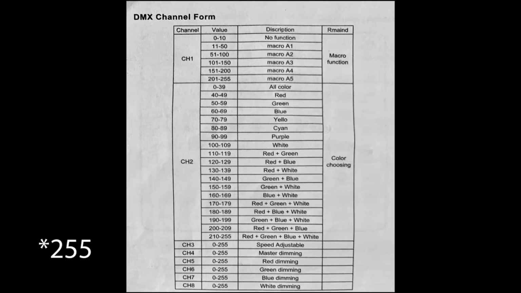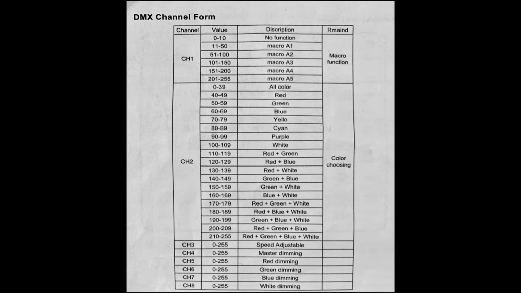So I'm just going to set channel 2 all the way up to 225. Now channel 3, as you can see for this light, is dedicated to functions that need speed adjustments, like strobing, for example. I just want to be able to dim between red, green, blue, and white, so I don't need this function. So channel 3 is going to be set all the way down.